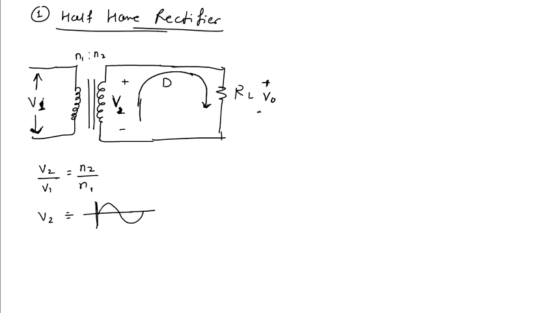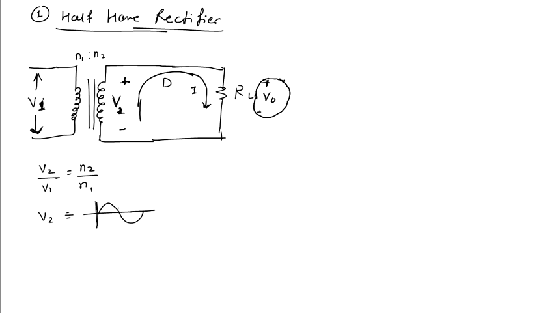Now when V2 increases, the current through this load resistor RL also increases, and accordingly this voltage V0 increases, and we get a voltage V0 like voltage V2.